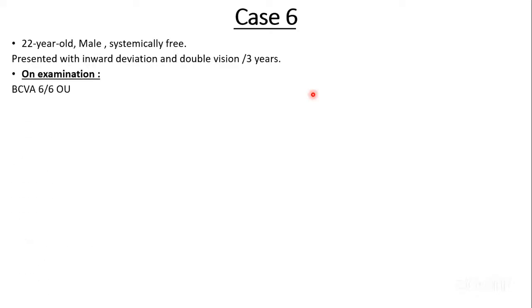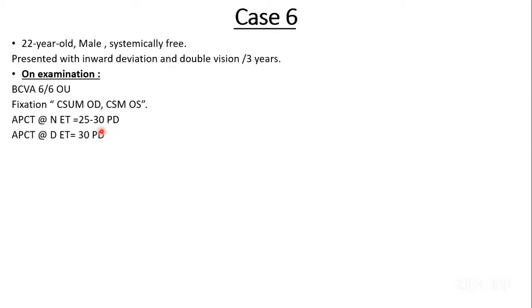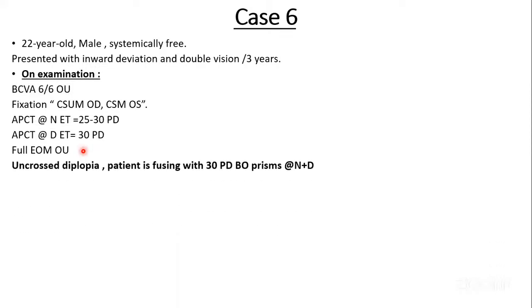On examination, vision 6/6, fixation central steady unmaintained in the right eye, central steady maintained in the left eye. Angle of deviation was 25 to 30 prism diopter of ESO at near and 30 prism diopter of esotropia at distance. Full extraocular motility. Patient is having uncrossed diplopia.